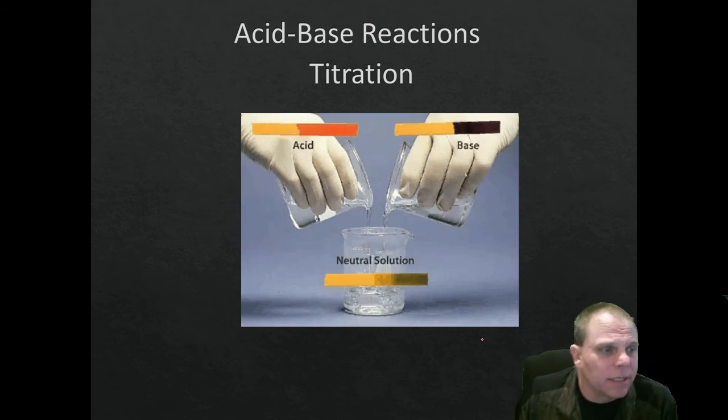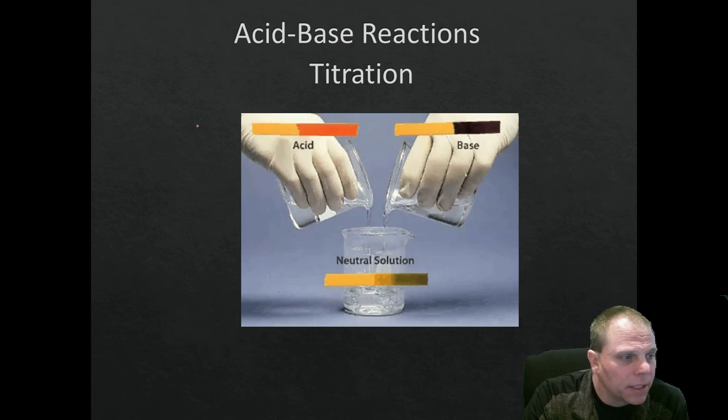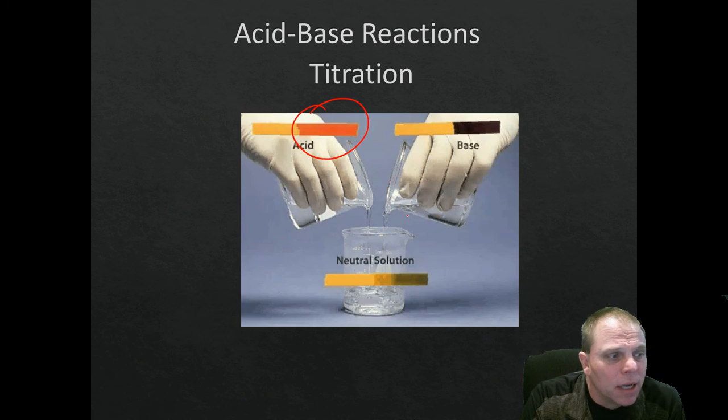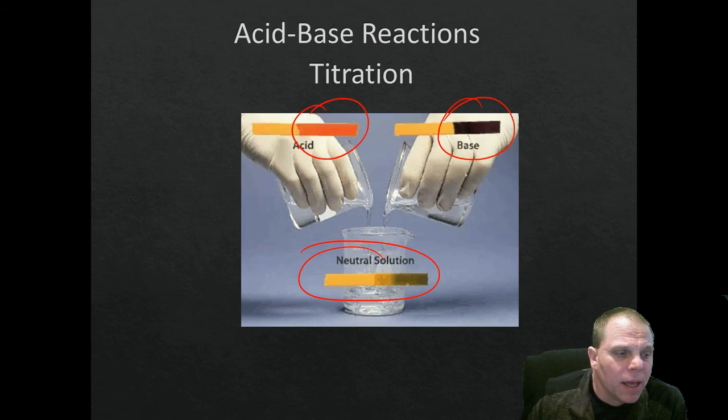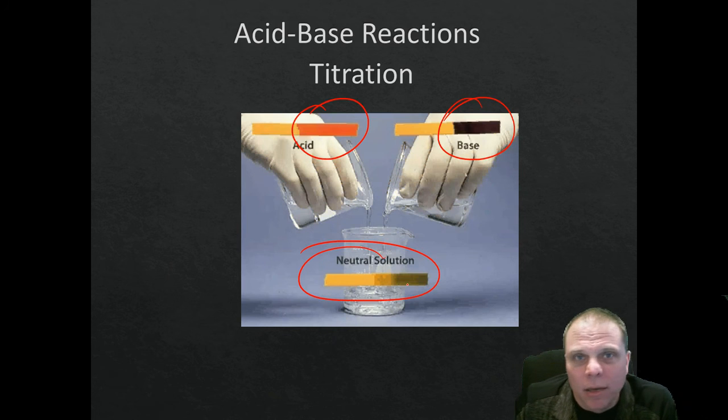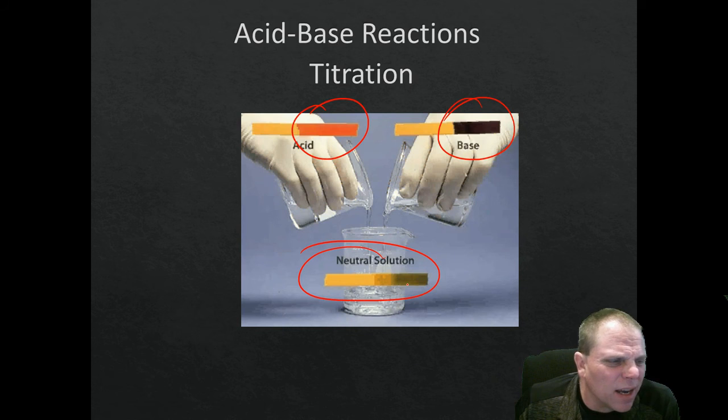So in this case, you can see some litmus paper. This litmus paper has been tested, and it was red when it was reacted with the acid, and this one has changed blue when it reacted with the base. But if I put it into a neutral solution, the idea here is that it's going to be neutral. It's not going to actually react at all. And this is not a litmus paper, this is pH paper.